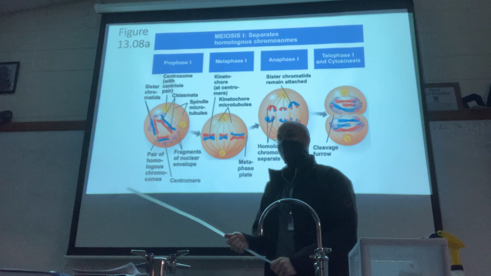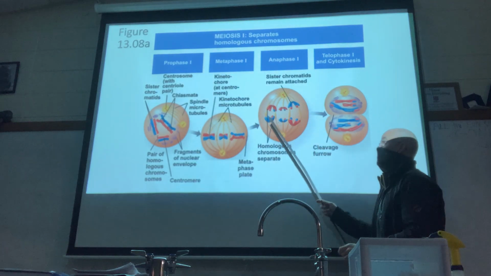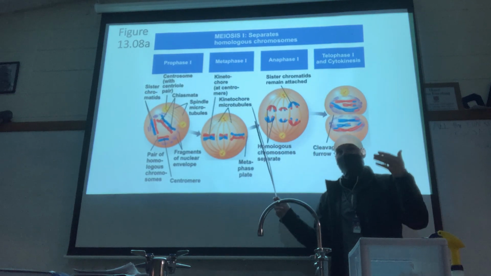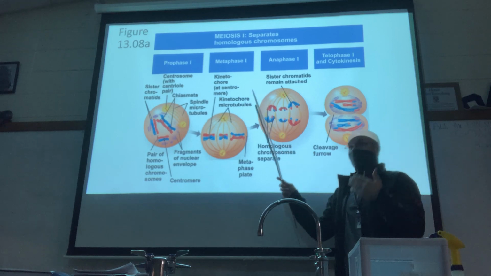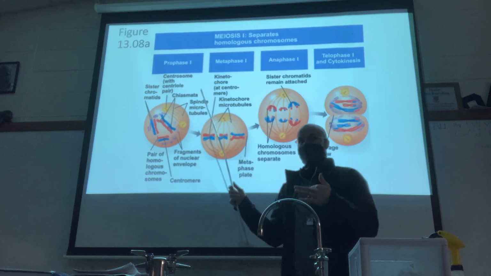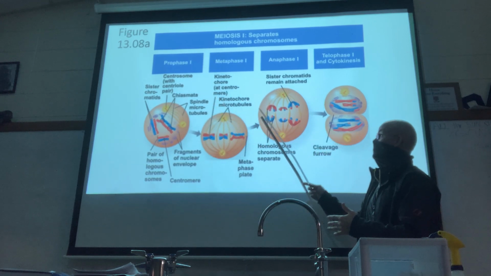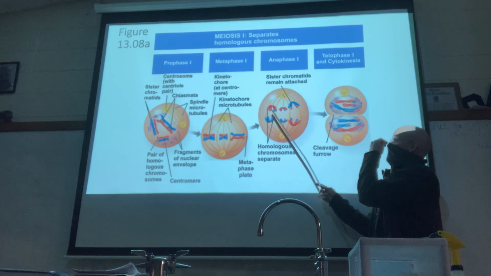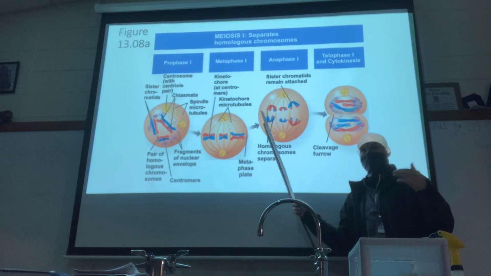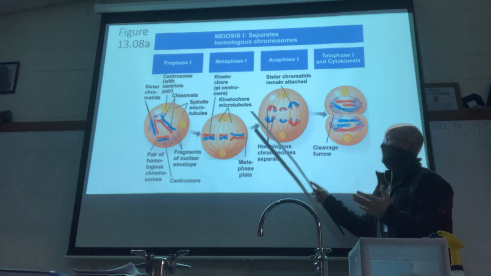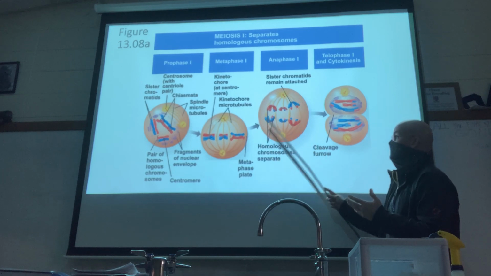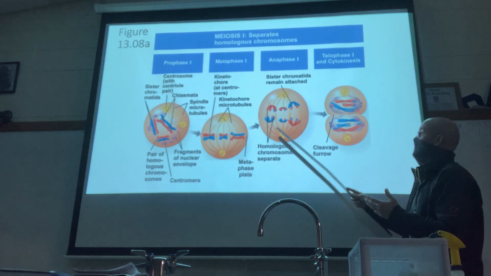The matching pairs. So the chromosome that your mother gave you is going to go to one side, and its matching pair that your father gave you will go to the other side. Now, not all of your maternal chromosomes go to the same side. It's random, depending on just how they lined up.